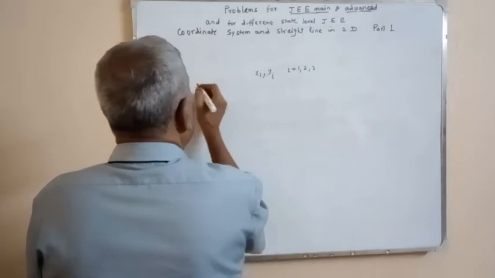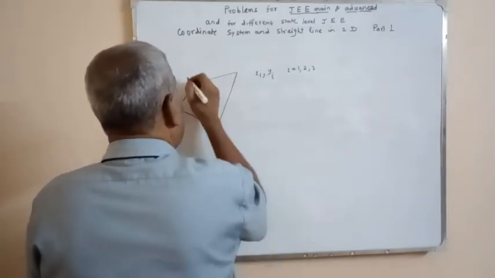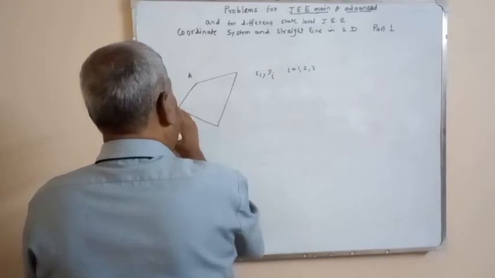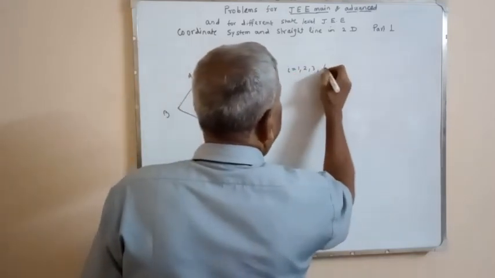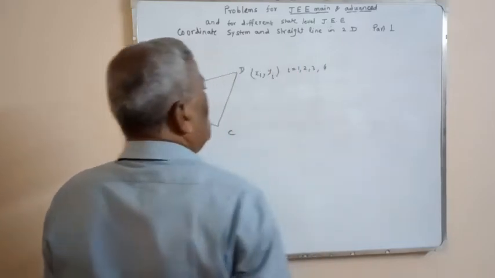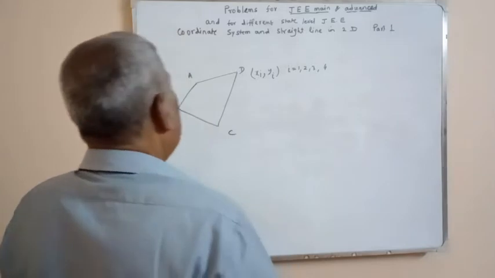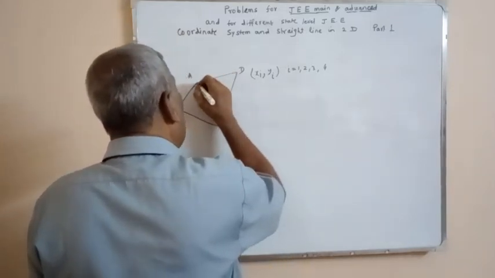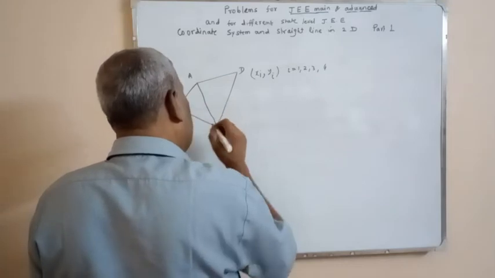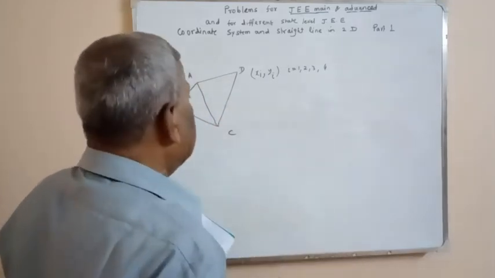Suppose any quadrilateral is like that, A, B, C, D, and the coordinates are xi, yi, i equal to 1, 2, 3, and 4. Simply, you can divide the quadrilateral into two triangles by joining any two opposite vertices.